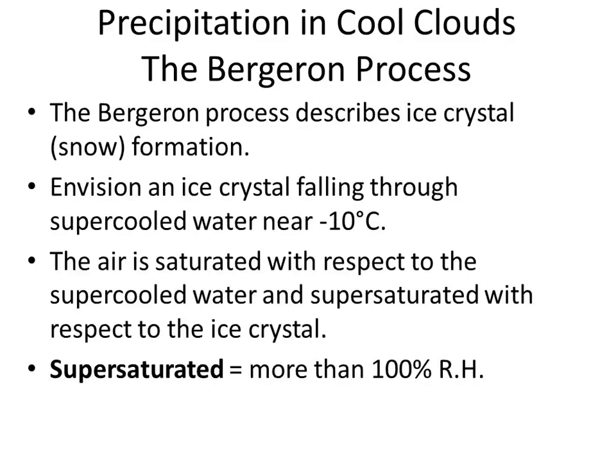Okay, so what you're going to see on the next figure is an ice crystal falling through supercooled water. Ice crystal is solid, and supercooled water is what we just talked about. But with regard to the environment they're all hanging out in, with regard to the water vapor, that ice is going to basically rob that water vapor because it's supersaturated.